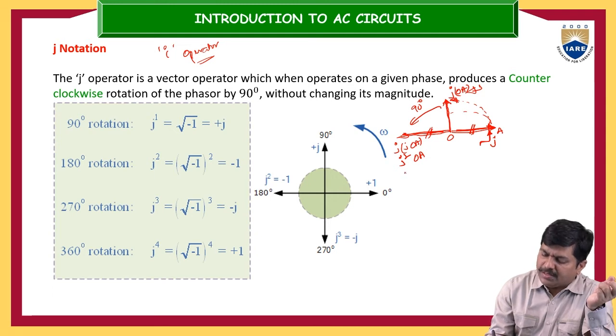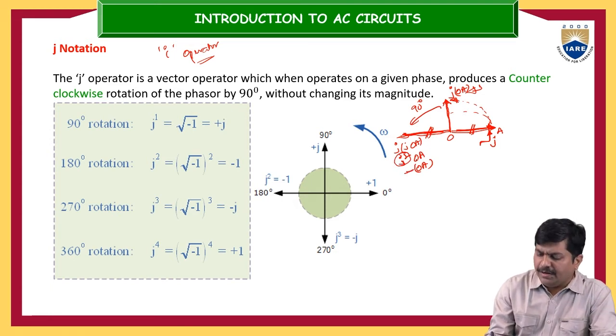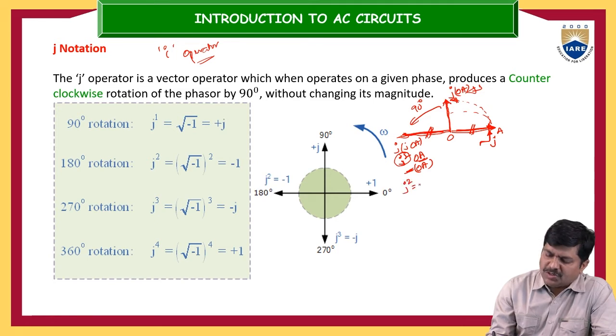So j square must be negative, because the two quantities are in phase opposition. What could be the value of j square? The magnitude OA remains the same, only the minus sign comes into the picture. So j square can be taken as minus 1.